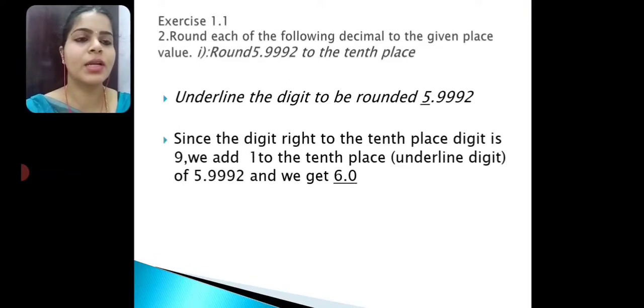Since the digit right of the 10th place digit is 9, we add 1 to the 10th place of 5.922 and we get 6.0.